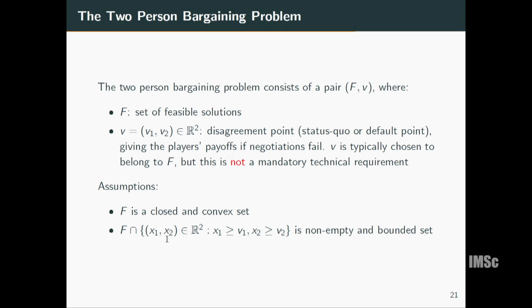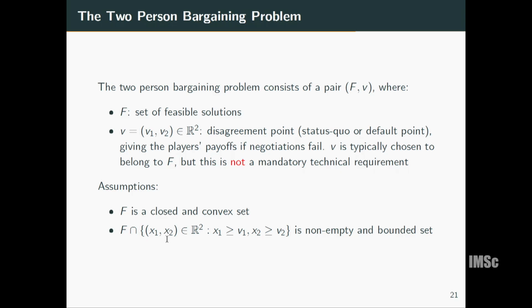Because I want to find a good solution among all possible correlated strategies, my feasible set will be the utilities corresponding to the correlated strategies. Does it make sense?